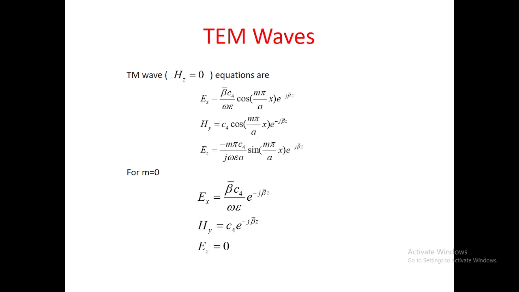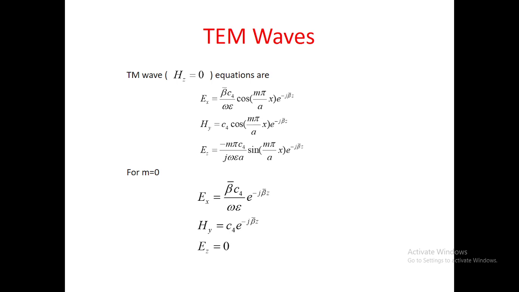Coming to TEM waves, transverse electromagnetic waves. The condition is Ez, Hz both are zero. Transverse electromagnetic waves means there is no electric field and magnetic field component along the wave propagation.